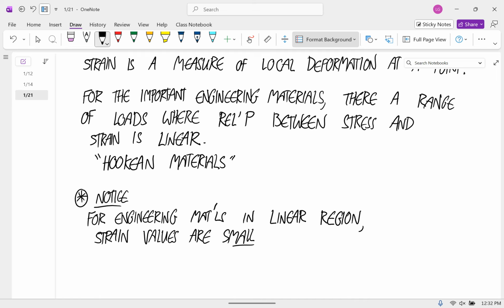That is less than about 10 to the minus 4. Okay, so anytime in this class that you see strain values bigger than about 10 to the minus 4, you should think that could be a concern about how realistic these calculations are.